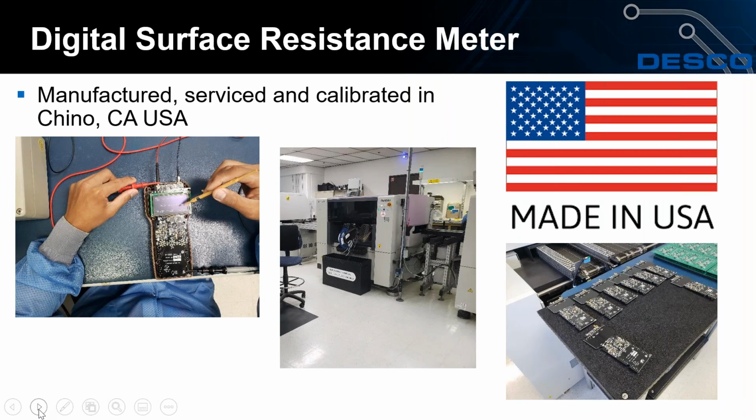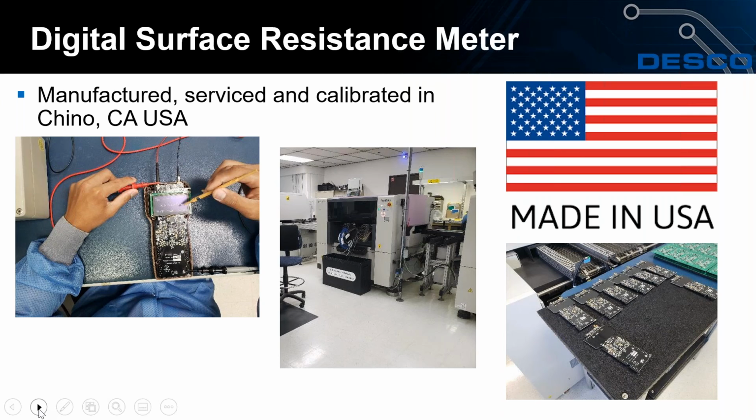We have factories nationwide and in the UK, and facilities in Japan. We make just about everything we sell, design and make it, at least 85% of our products, and we make all of our own electronics here. One of the things about our test equipment is that it comes NIST calibrated. That's another nice feature you get with our test equipment.